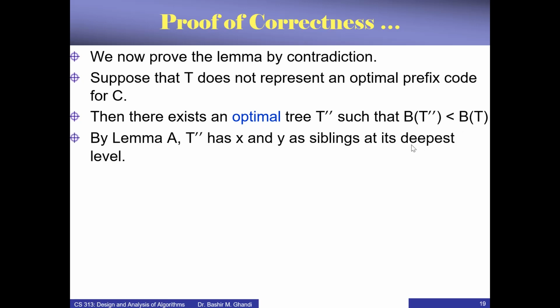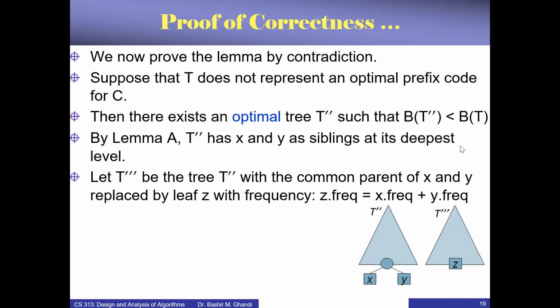Now by lemma A, the one we proved earlier, which says if you have an optimal tree, then the two elements with the least frequency, you will find them in the deepest level, right? So by lemma A, T double prime, which is optimal, will have x and y as siblings in its deepest level.